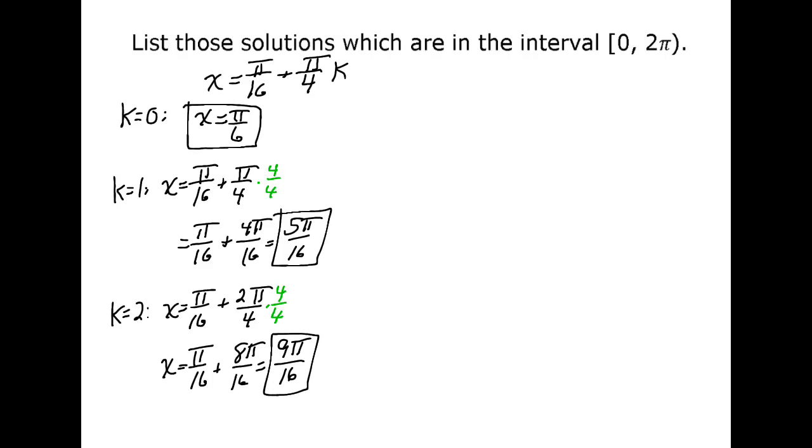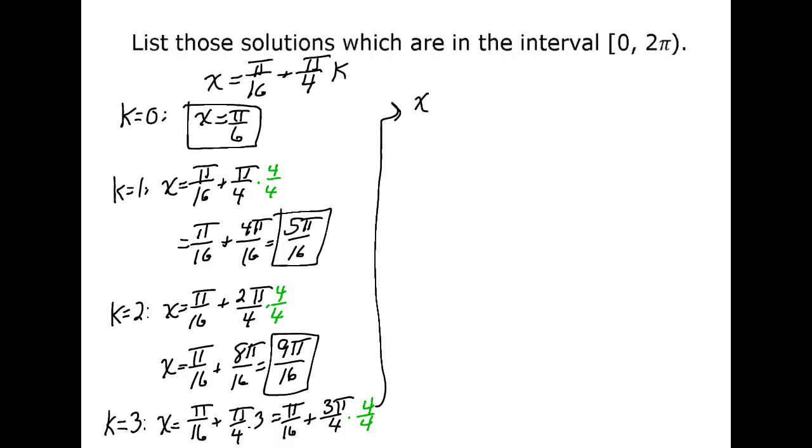How about when k is 3? So we would have x equal pi over 16 plus pi over 4 times 3. So that's pi over 16 plus 3 pi over 4 times 4/4. So x equals pi over 16 plus 12 pi over 16, or 13 pi over 16.